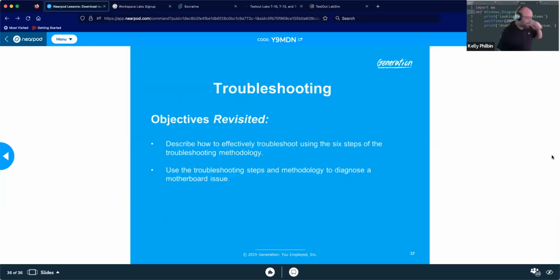But in general, we want to try to remember these steps. So first, can you tell me what is the first step of troubleshooting? Identify the problem. Very good. Can you tell me what is the second step of troubleshooting?